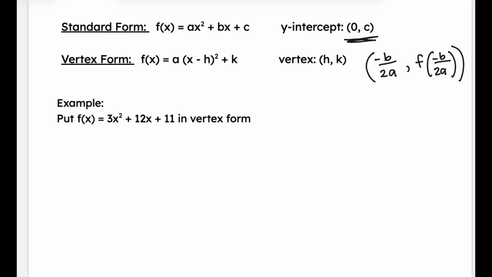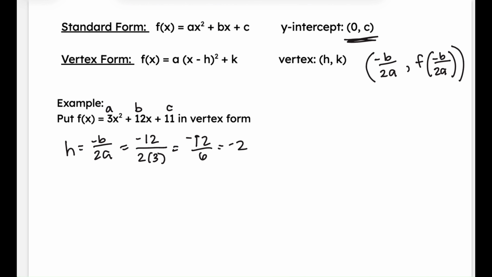So if we look down here, we're putting this equation into vertex form. I'm going to start by finding my h value, which is negative b over 2a. Remember, this is my a, this is my b, and my c. So I would take negative 12 over 2 times 3, which gives me negative 12 over 6, which is negative 2.